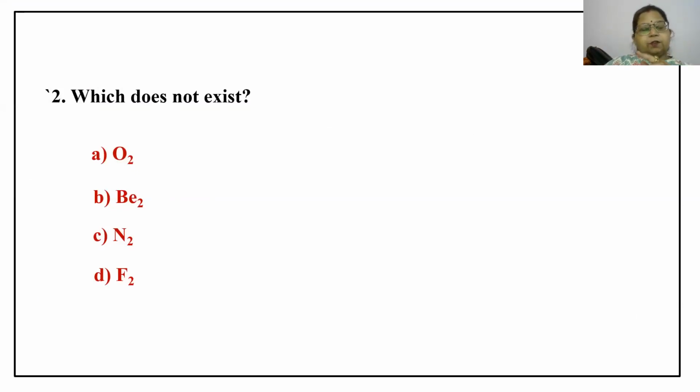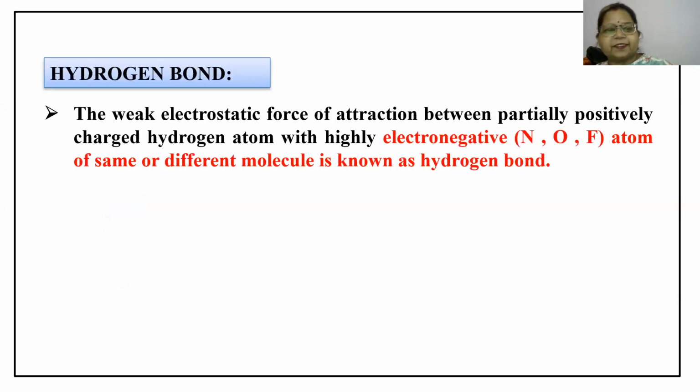Be2. Just check for Be2, right? That is the atomic number of beryllium. Write the atomic and molecular orbital configuration to know about it. Is it clear, Shweta? That is how I get to the answer for Be2, right? No need to calculate. O2, F2, N2, we know their states now, right?